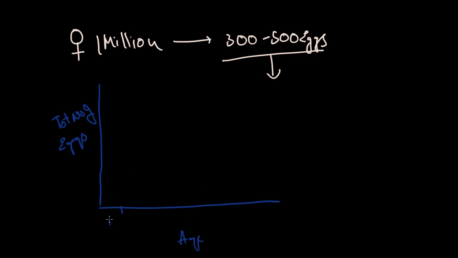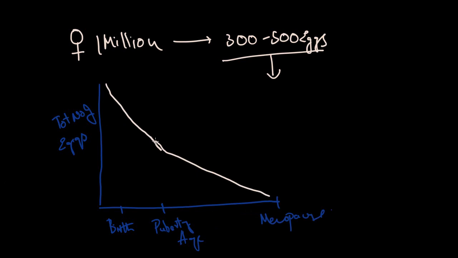Say this is at birth, puberty, this is menopause. If you see the counts of these eggs, at birth they'll be having the maximum, and by the time they reach puberty, it's almost 50%, and by the time they reach menopause, they reach actually 0.